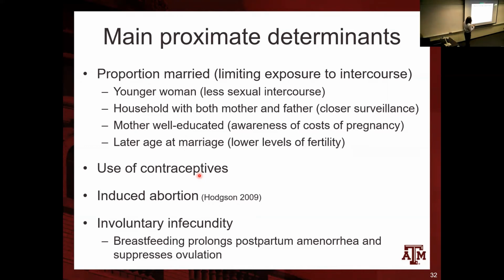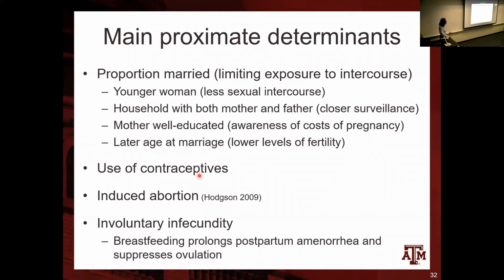Proportion of people getting married is a measure of exposure to intercourse and to the chance of getting pregnant. Younger women have less sexual intercourse. In households with both mother and father, there is closer surveillance of their daughters, so that also affects the fertility of younger women.